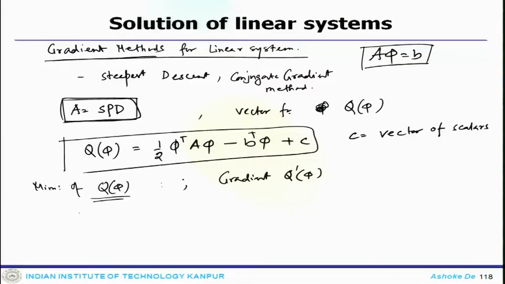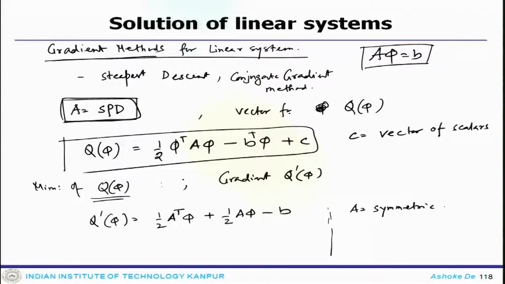So, the mathematical formulation leads to Q prime phi equals half A transpose phi plus half A phi minus B. Now, what is the important property? The important property is that A is symmetric.